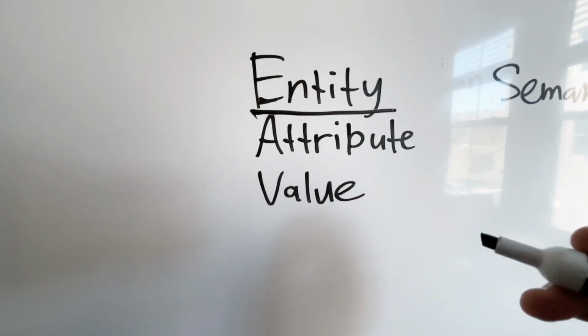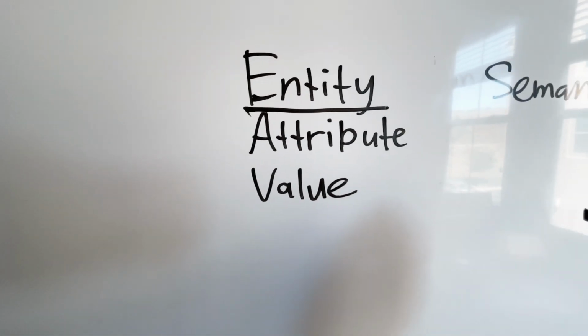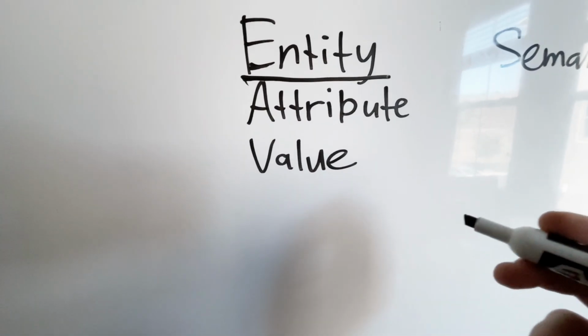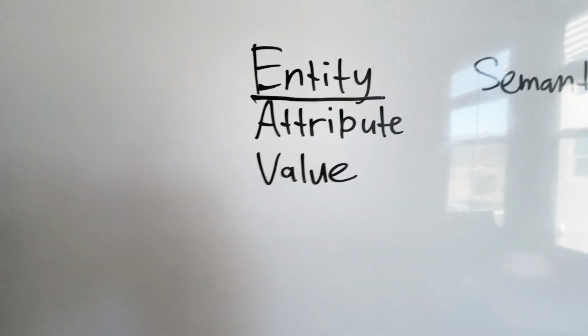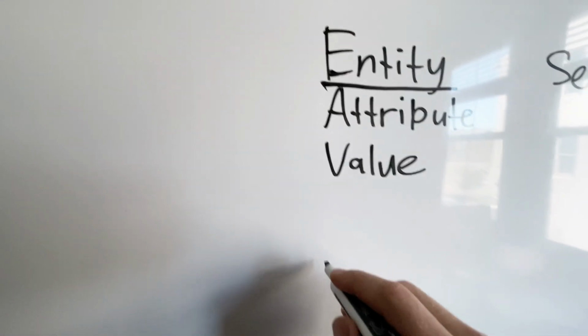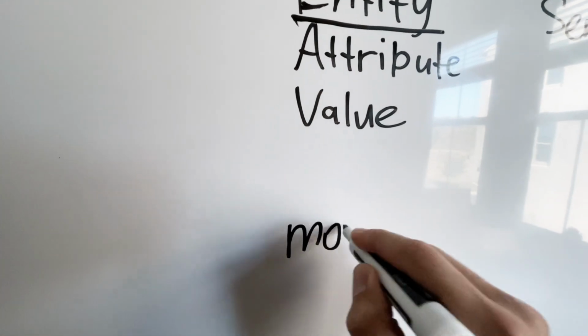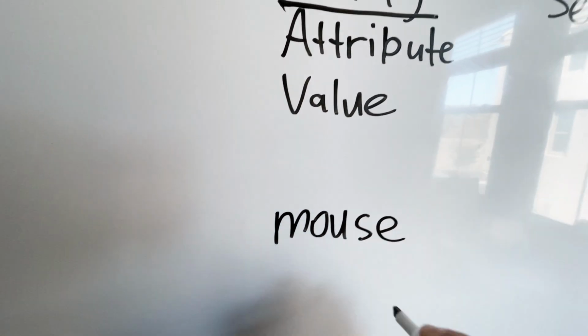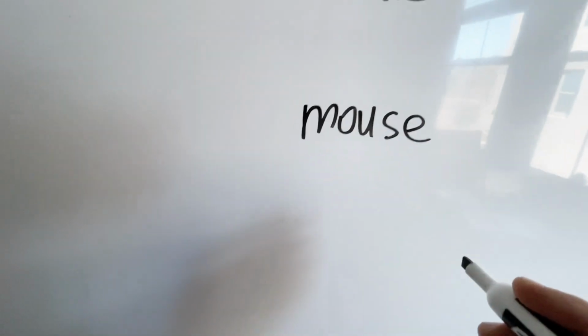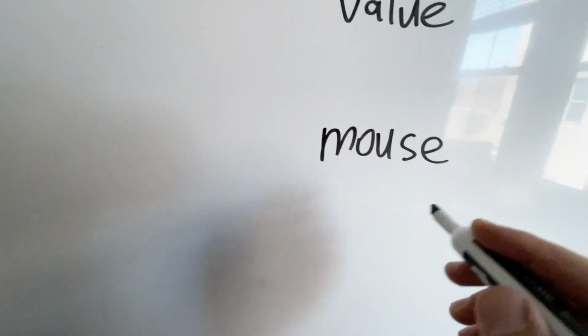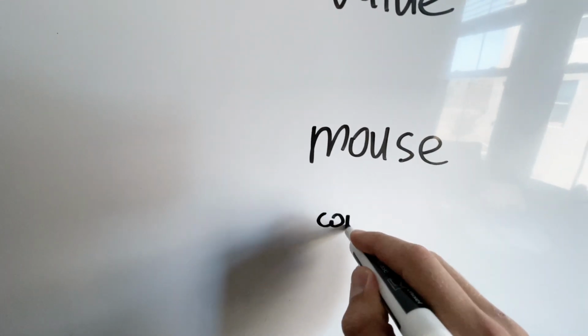An entity is basically a concept, and you might ask, what's the difference between a concept and a word? Well, a word, like let's say mouse, is an entity, but you have to specify what kind of entity that is, and to specify it you need context.